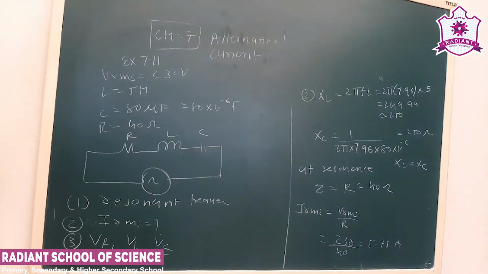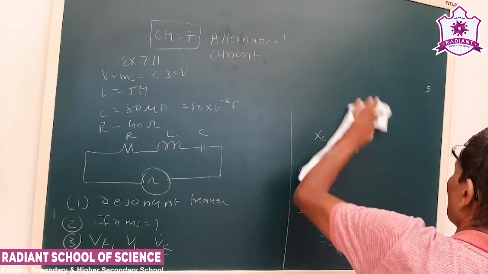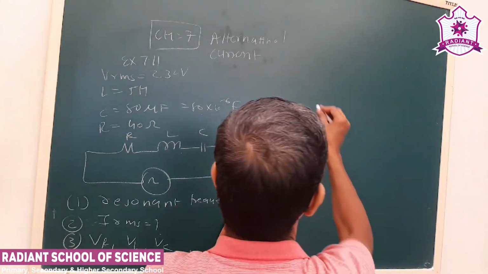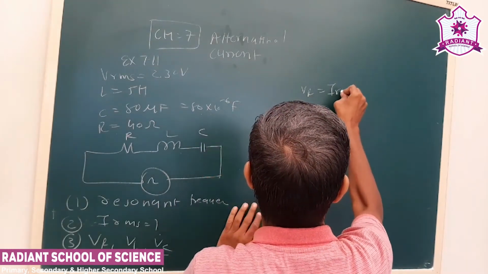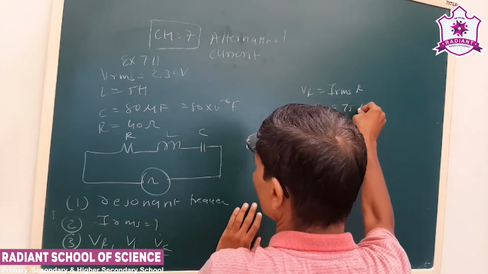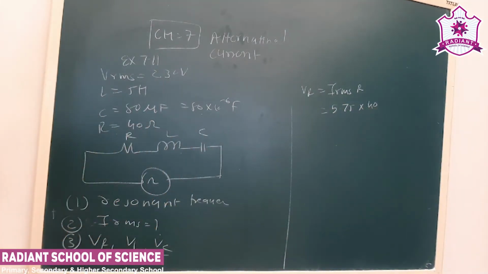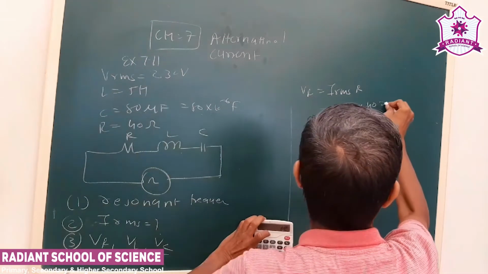Now, see, we have to obtain VR, VL and VC. First we obtain the value of VR. IRMS 5.75 into 40.